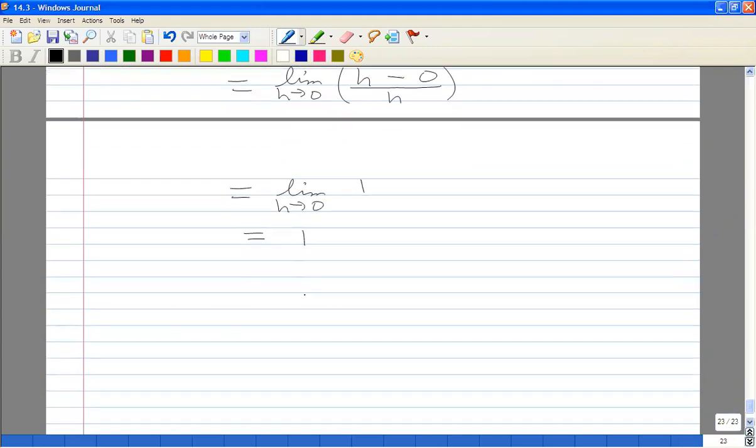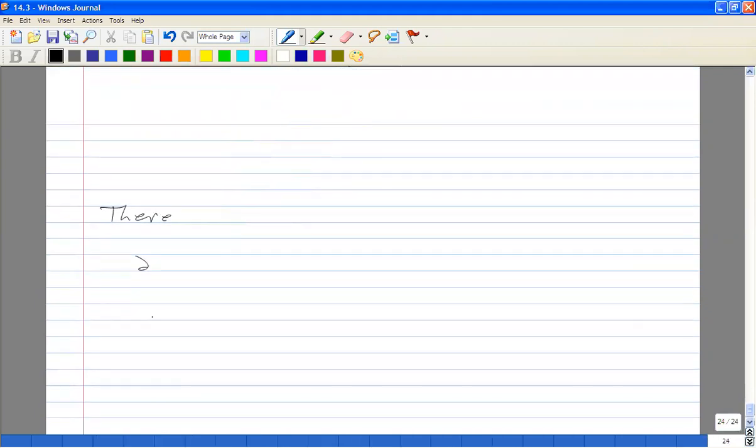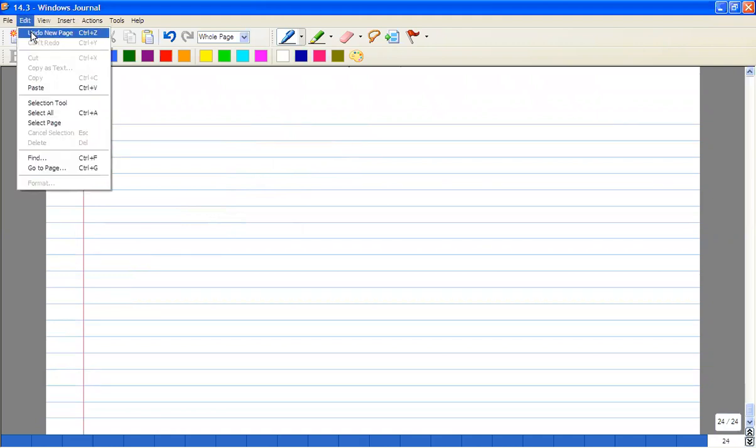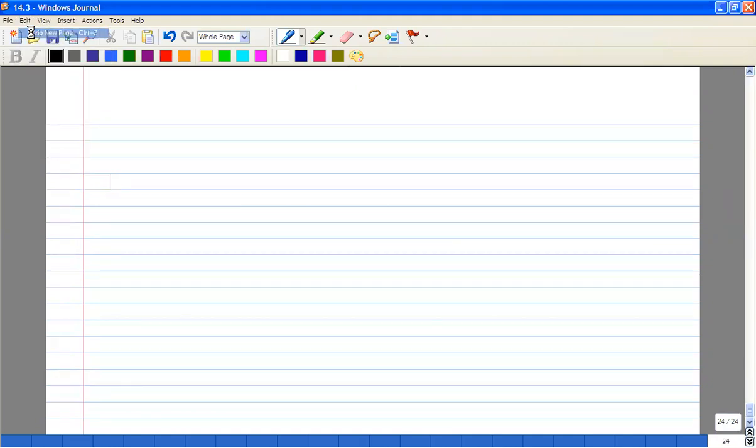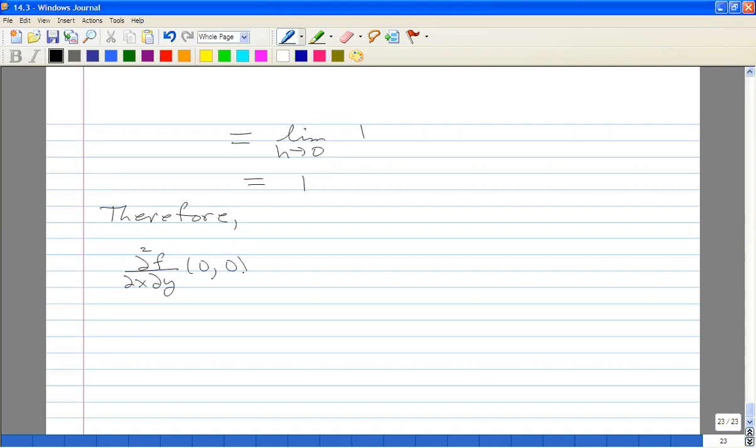So therefore, I've shown that the partials here are not equal, because one is 1, the other is -1.